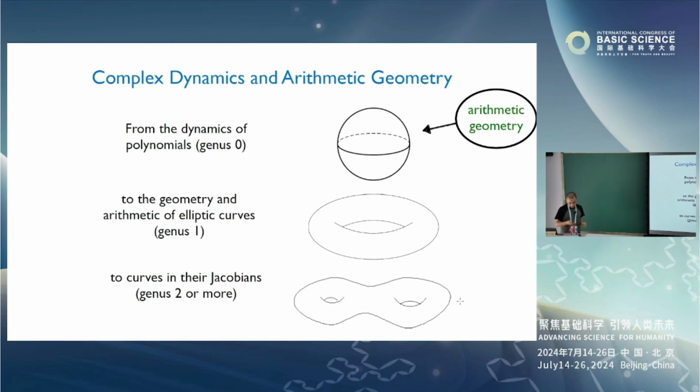There is a connection between the dynamics of P1 and the arithmetic geometry of elliptic curves, called the Lattès map. The Lattès map is a map on P1 that is the reduction of the multiplication-by-n map on the elliptic curve.